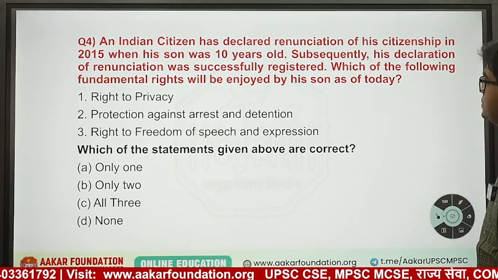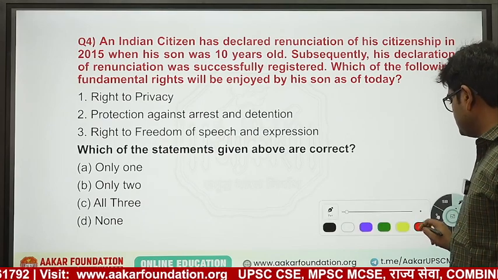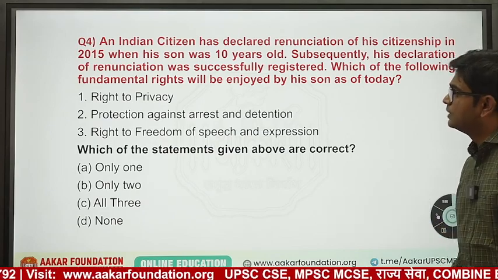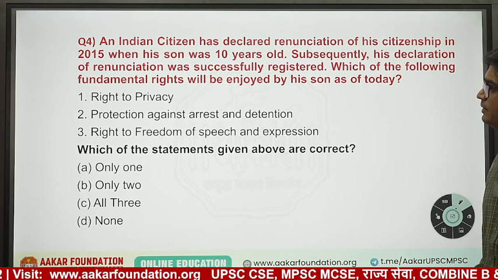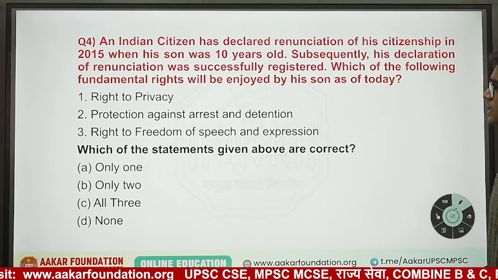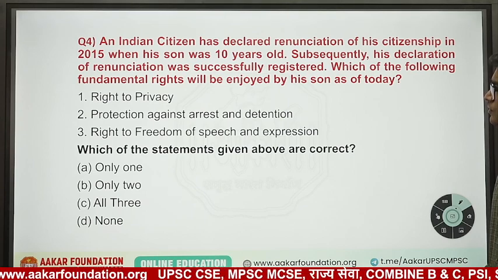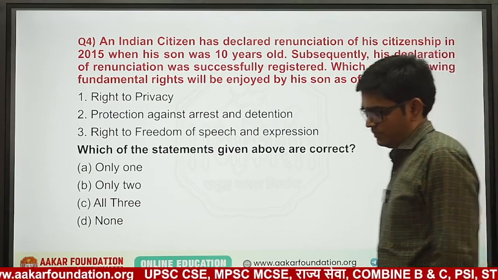Citizen declares renunciation of citizenship. Okay, an Indian citizen has declared renunciation of his citizenship in 2015 when his son was 10 years old. Subsequently, his declaration of renunciation was successfully registered. Which of the following fundamental rights will be enjoyed by his son today?